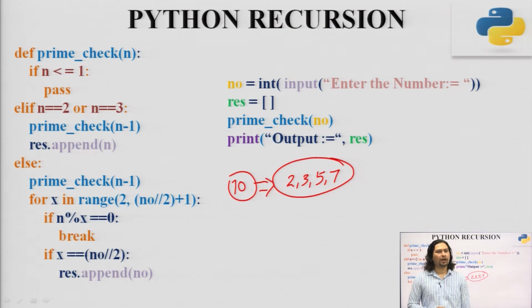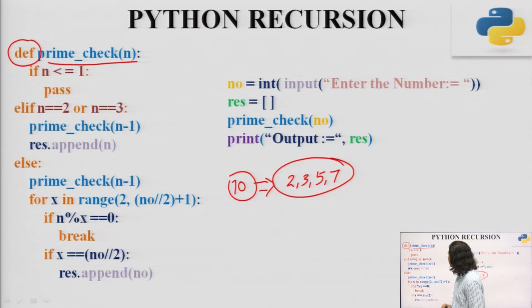So this is a program related to this, and now look at how we are going to use the recursion function. First we are defining a function to check whether a number is prime or not.